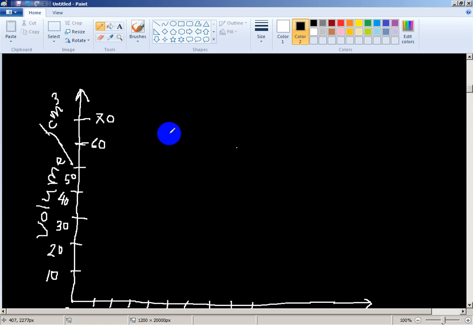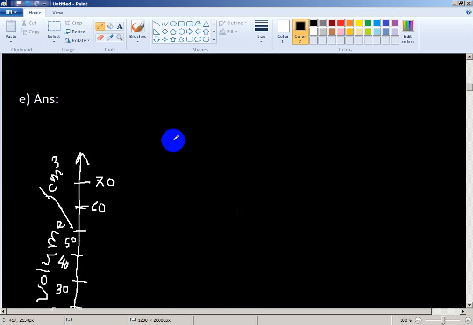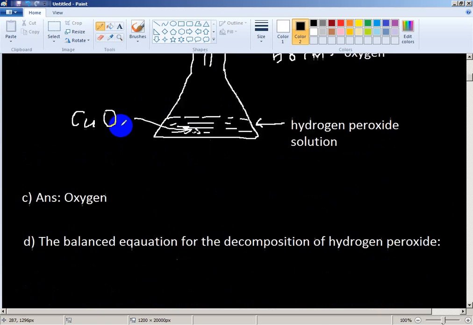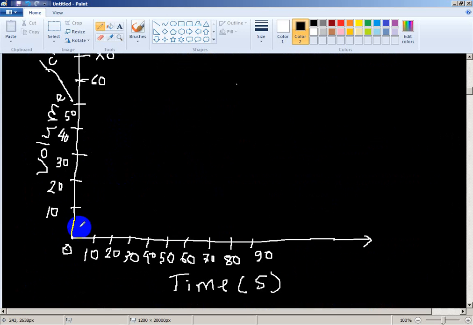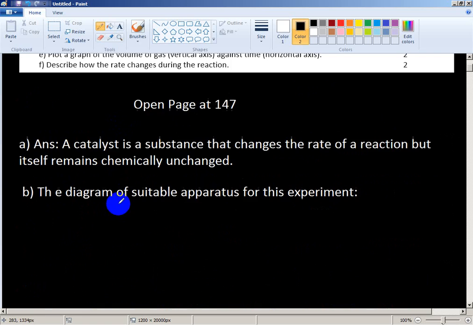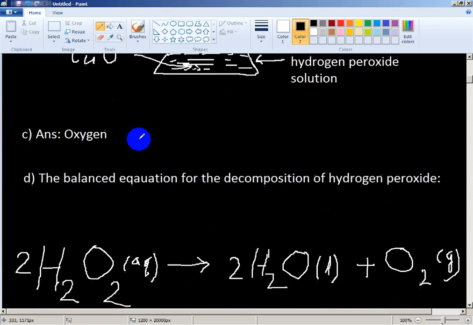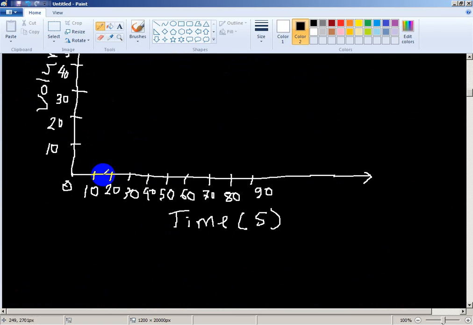So here at first, when time is 0, volume is 0. That means here is the intersection. When time is 10, volume is 18.